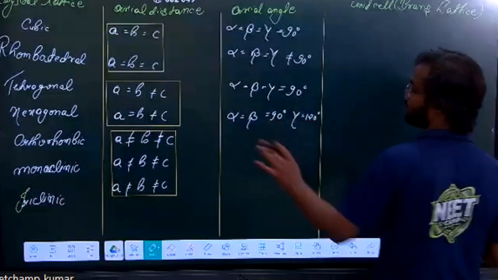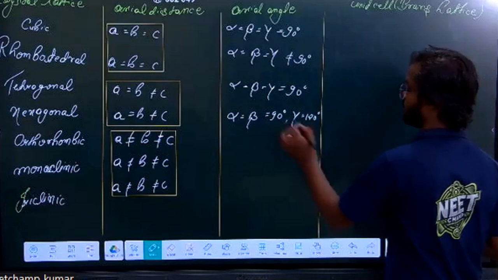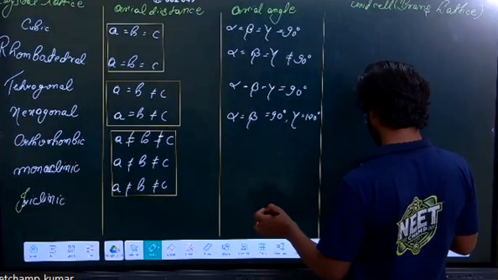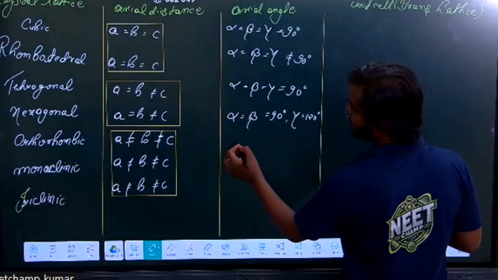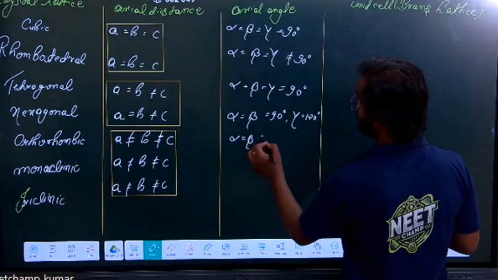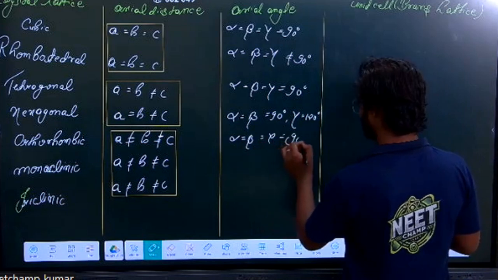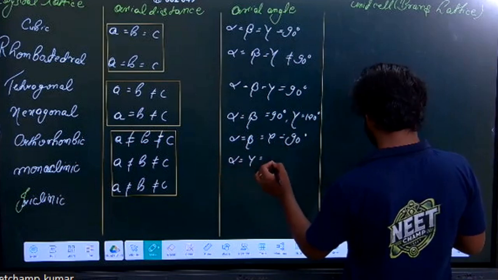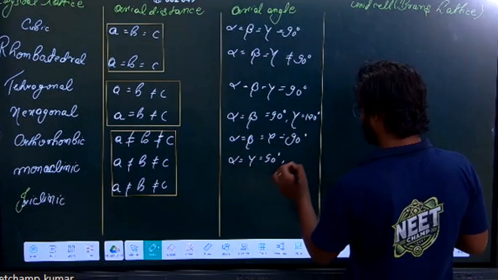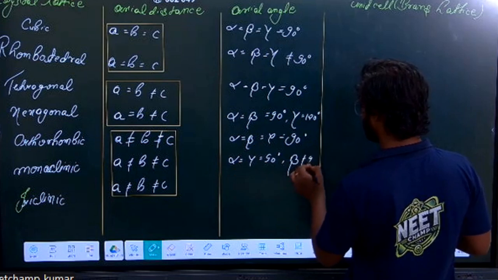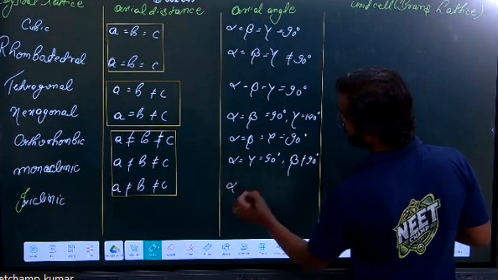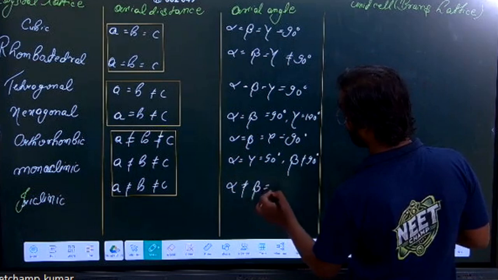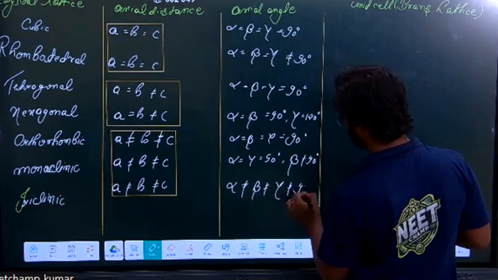Next case, again alpha equal to beta equal to gamma equal to 90. Then alpha equal to gamma equal to 90, but beta not equal to 90. And last case, alpha not equal to beta not equal to gamma not equal to 90.